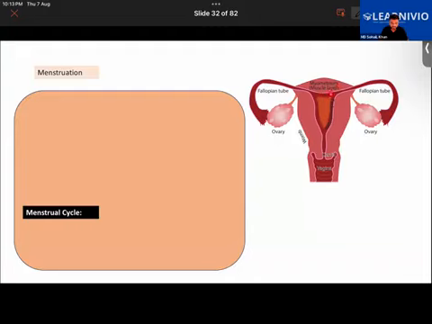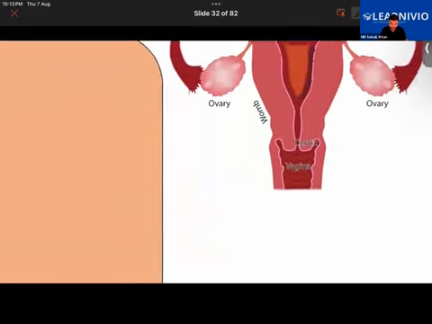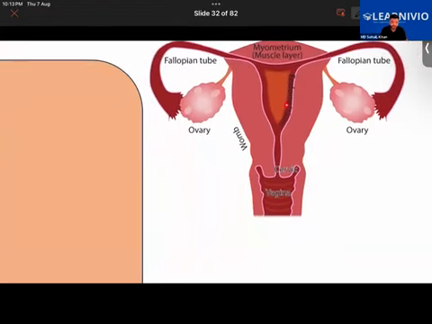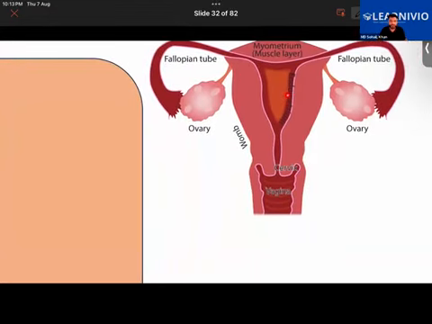If pregnancy were to occur, the ovum will get fertilized, and then later it will embed itself into the wall of the endometrium. But if the egg is not fertilized, then this thick lining of the uterus that has developed here is going to shed. The uterus will shed its lining and the egg will also die, and this will result in bleeding in the females.